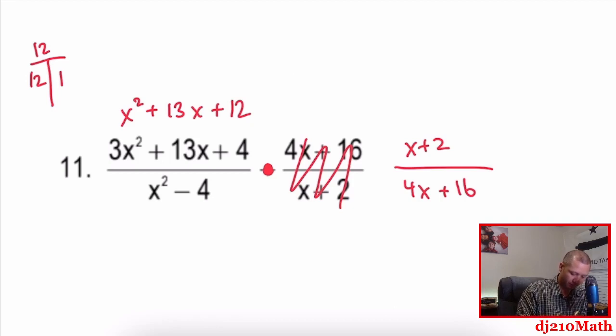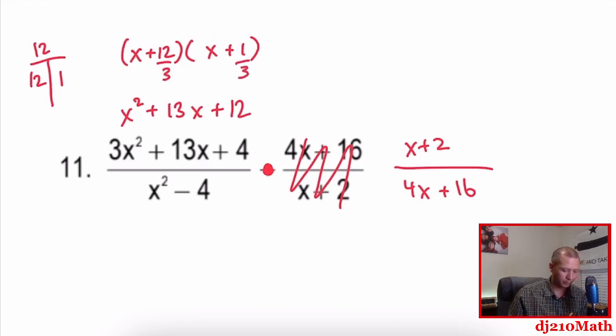So x plus 12, x plus 1. Because we multiplied the 3, we have to divide by 3. Reduce when we can. So 12 divided by 3 is really going to reduce to 4.